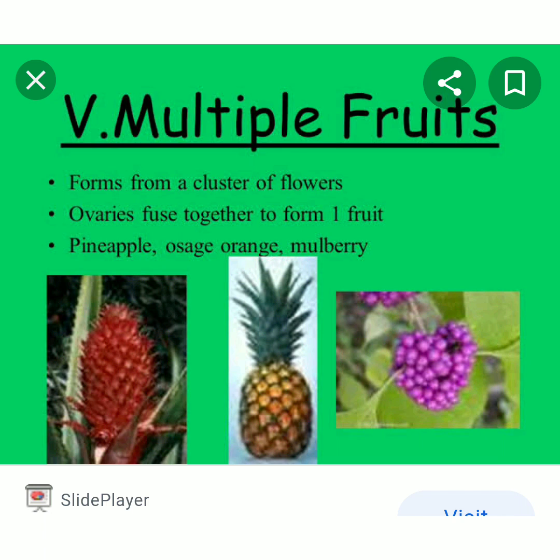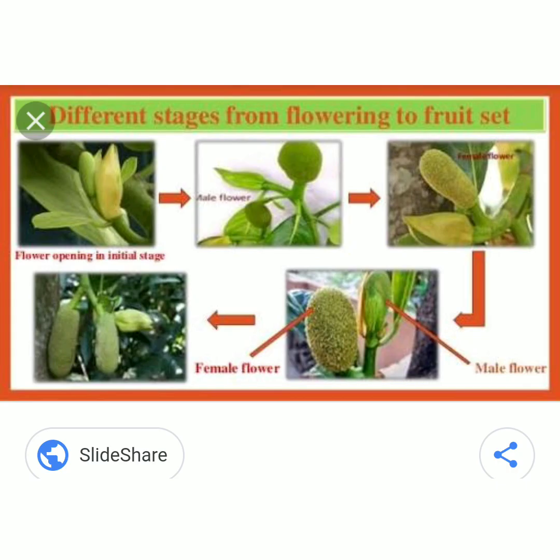Let's consider the example of jackfruit. Observe the inflorescence of the jackfruit tree. This tree has an inflorescence similar to the jackfruit. It has two inflorescences, male flowers and female flowers, seen as separate clusters.